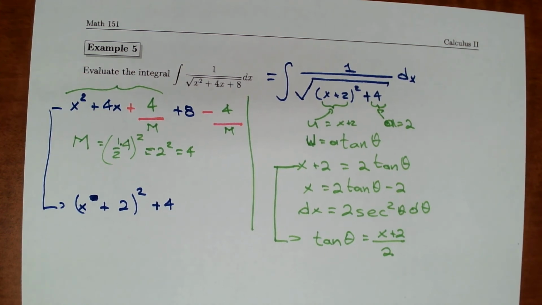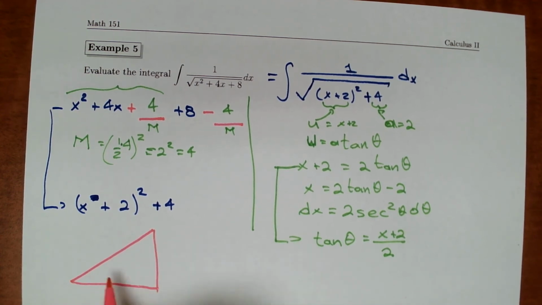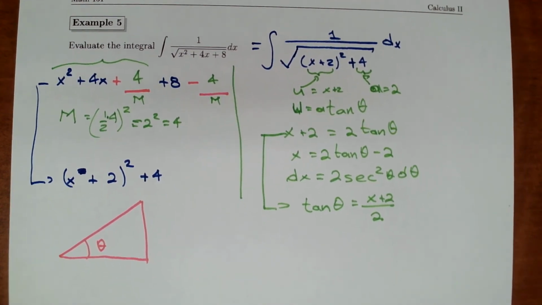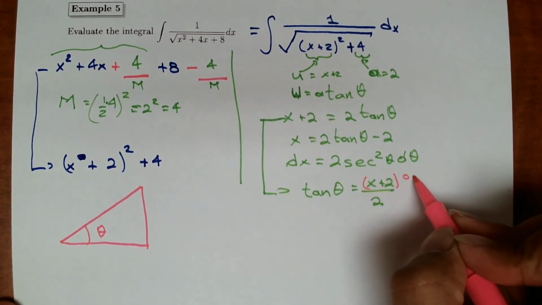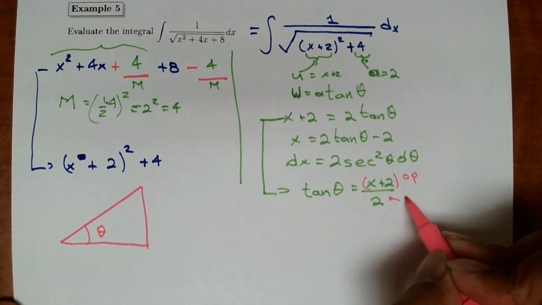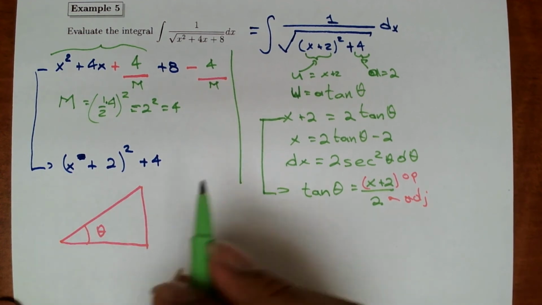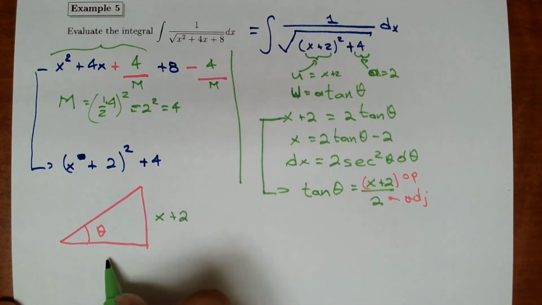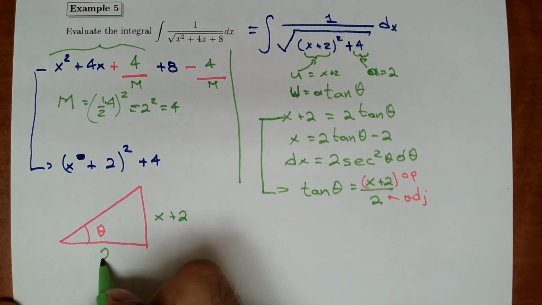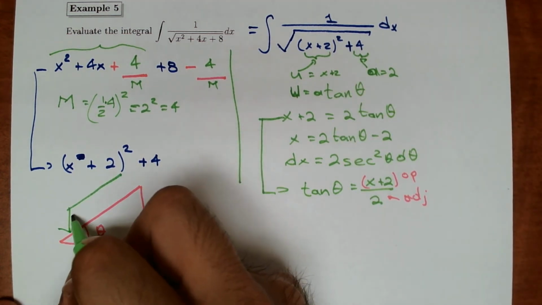Let's build a triangle. Theta. And again, this whole numerator is going to be the opposite, and this is going to be the adjacent. So opposite, which is going to be x plus 2, over adjacent, which is 2, and the radical form will be the hypotenuse.